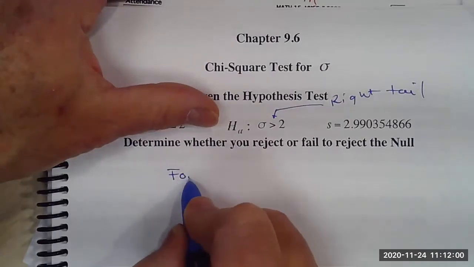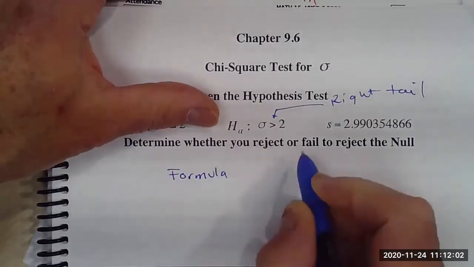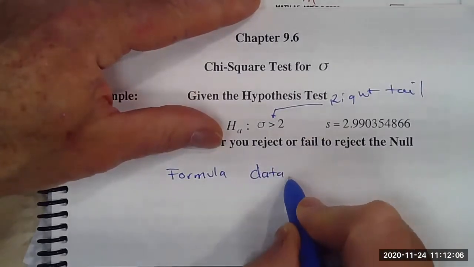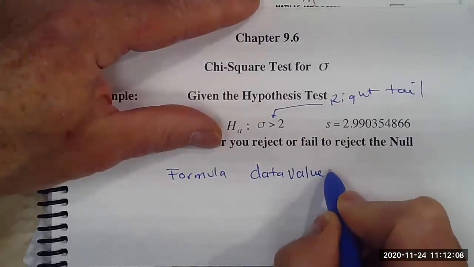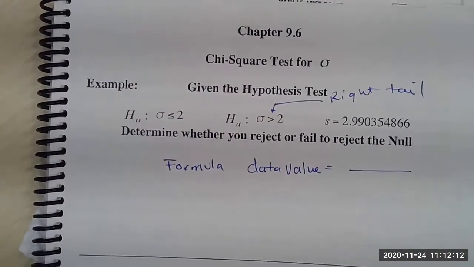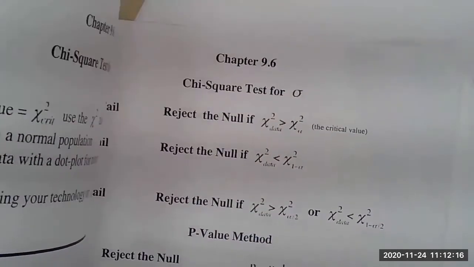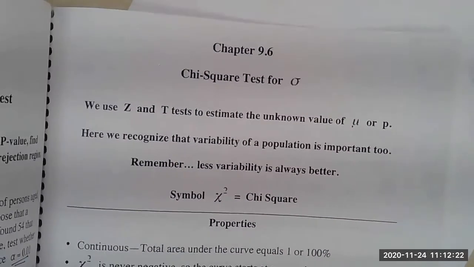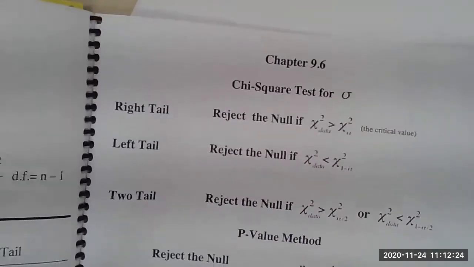So what you have to do is the formula for the data value. It's a fraction. I want to write it down correctly. I've forgotten it. Okay, where is it? Here it is.